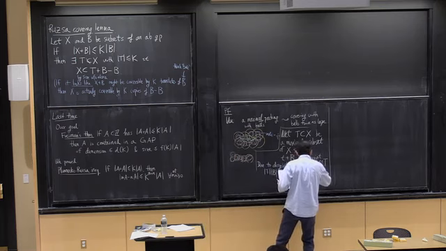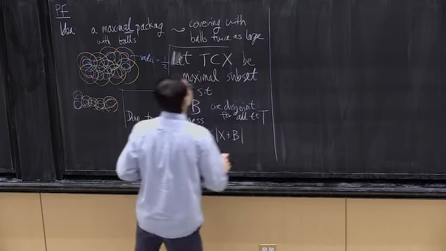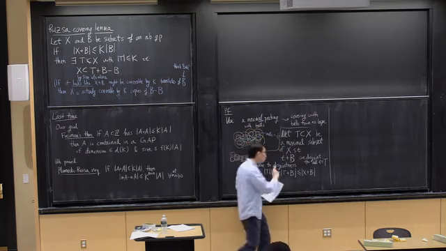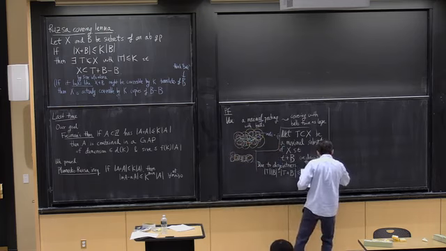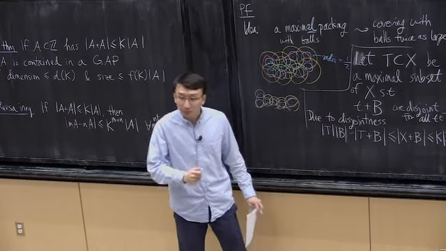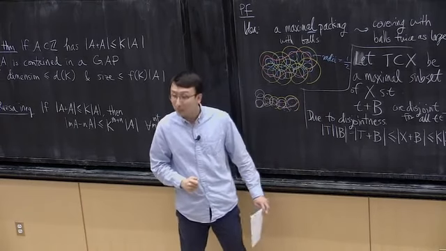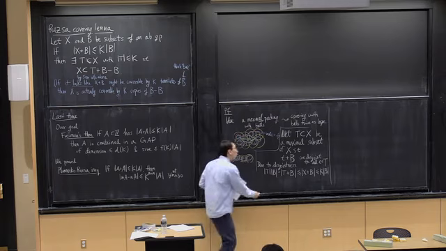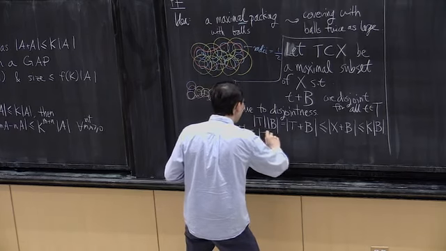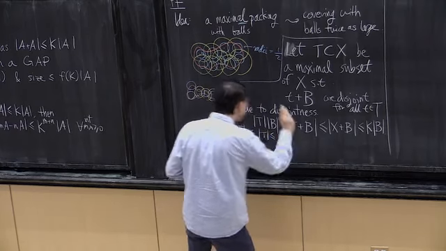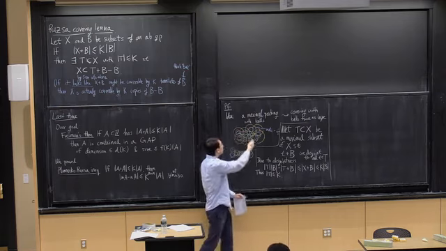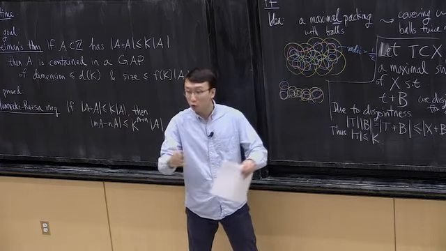But T plus B has size at most X plus B, because T is a subset of X. But from the assumption, we knew that the size of X plus B is upper bounded by the size of B times K. So in particular, we get that the size of T is at most K. So in other words, the number of blue balls you can control simply by the volume.